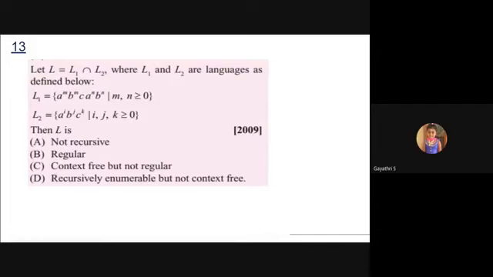L equal to L1 intersection with L2, where L1 and L2 are languages as defined below. First, you have to identify the languages. Which type of language are L1 and L2 both? So, based on your calculation, what about the intersection?